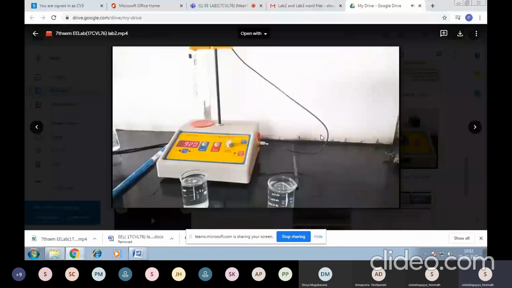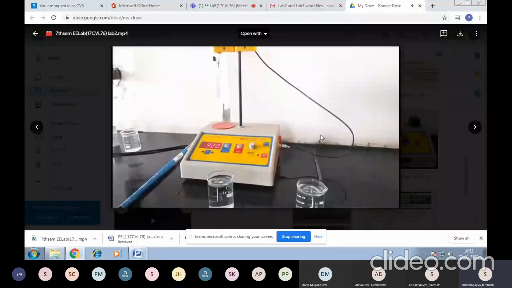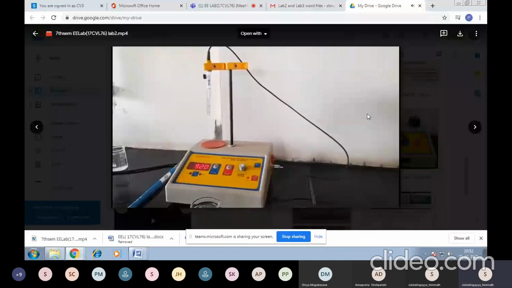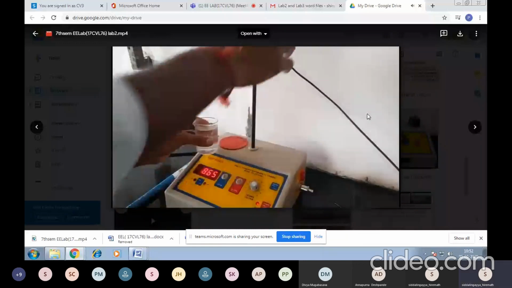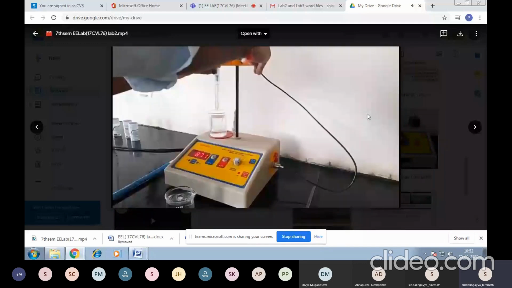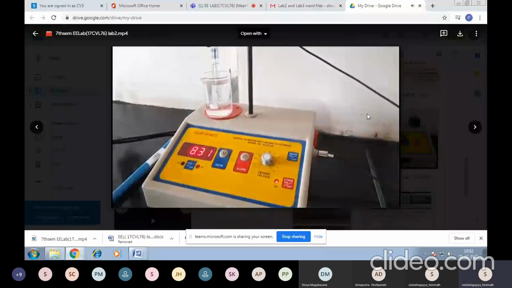Insert the Teflon coated stirring bar and stir it well. Now, place the electrode in the beaker containing the water sample and check for the reading in the pH meter. Wait until you get a stable reading.